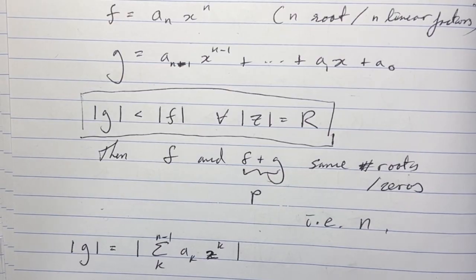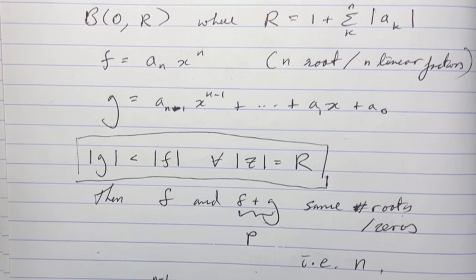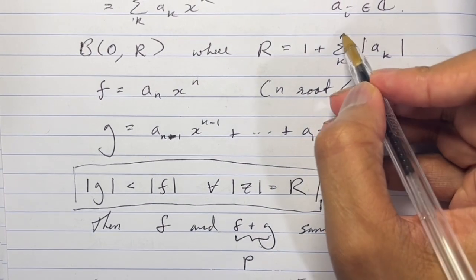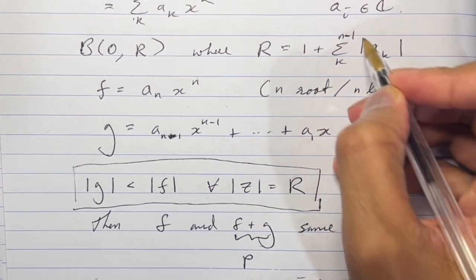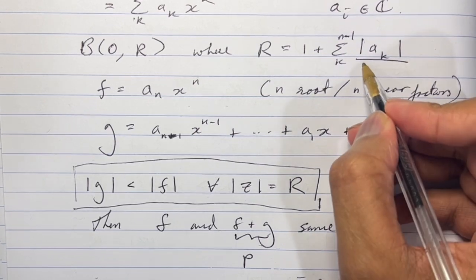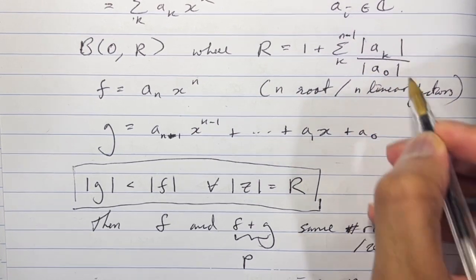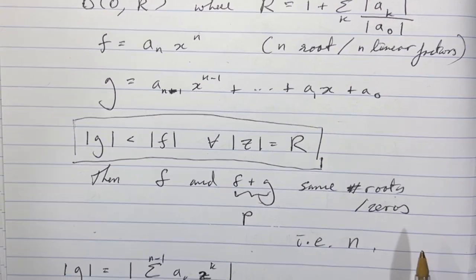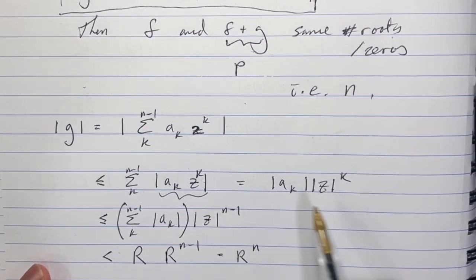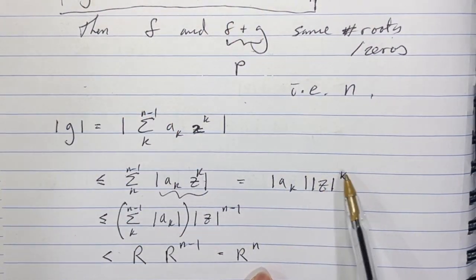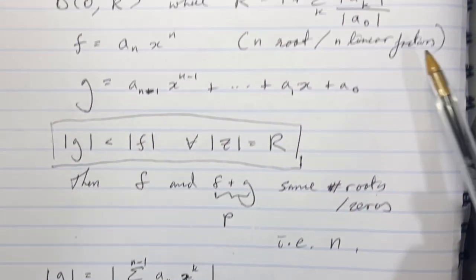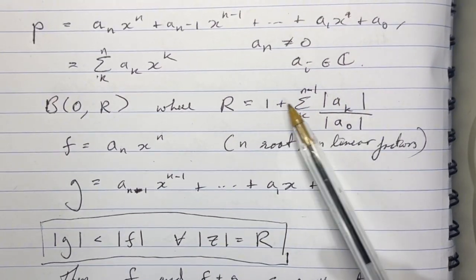Okay, so it looks like I made a very slight mistake. This r over here should have been r to the n minus 1 divided by a naught. It doesn't make much of a difference actually. For the first part, when we used r, we used that the absolute value of z equals r. We just wanted this to be bigger than 1, but this doesn't actually change the fact that it's bigger than 1.